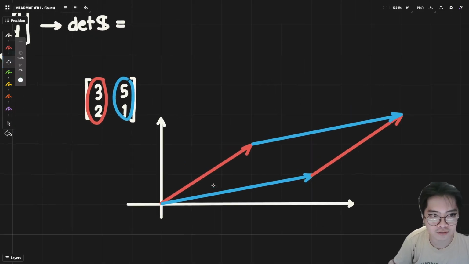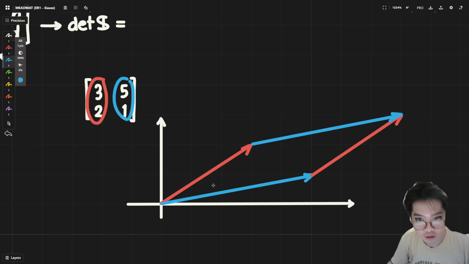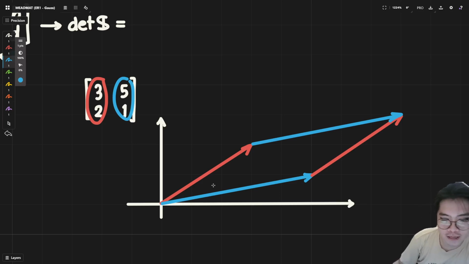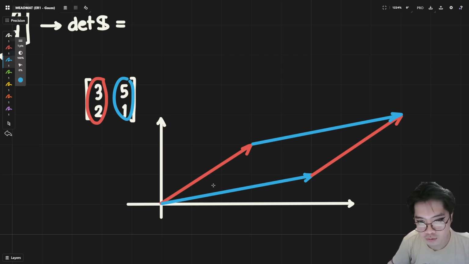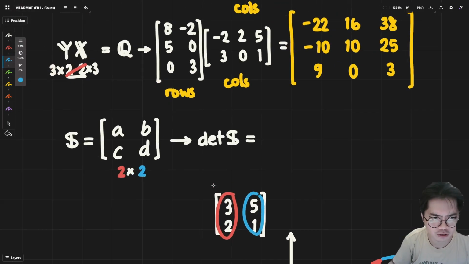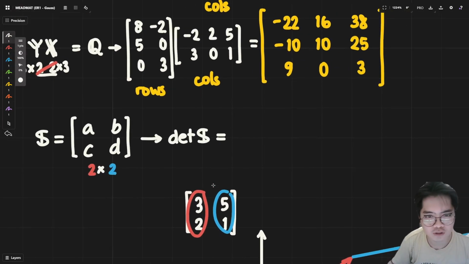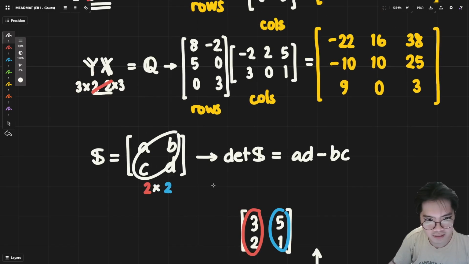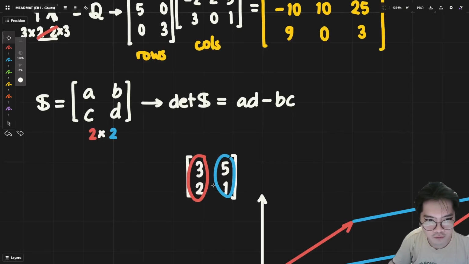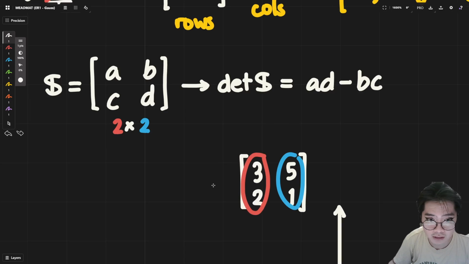And because this 5, 1 is below this 3, 2, it's negative. It's a very complicated kind of thing, but if we were to get the determinant, let's just get the formula. It's going to be AD minus BC.